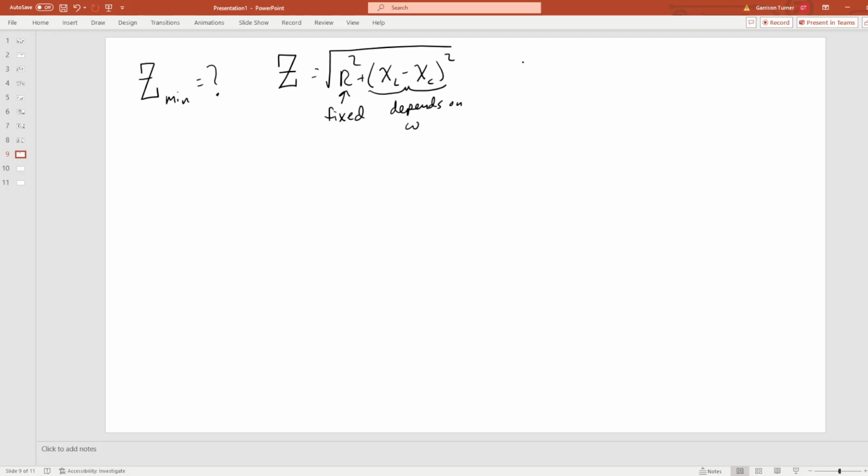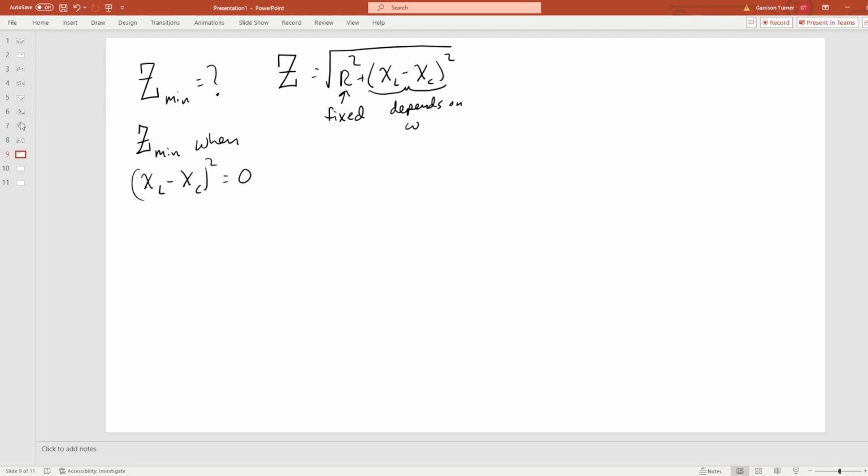Obviously, the true minimum of Z will occur when this quantity equals 0. Is there an angular frequency for which this term drops out? In other words, at which point the reactances have the same value.